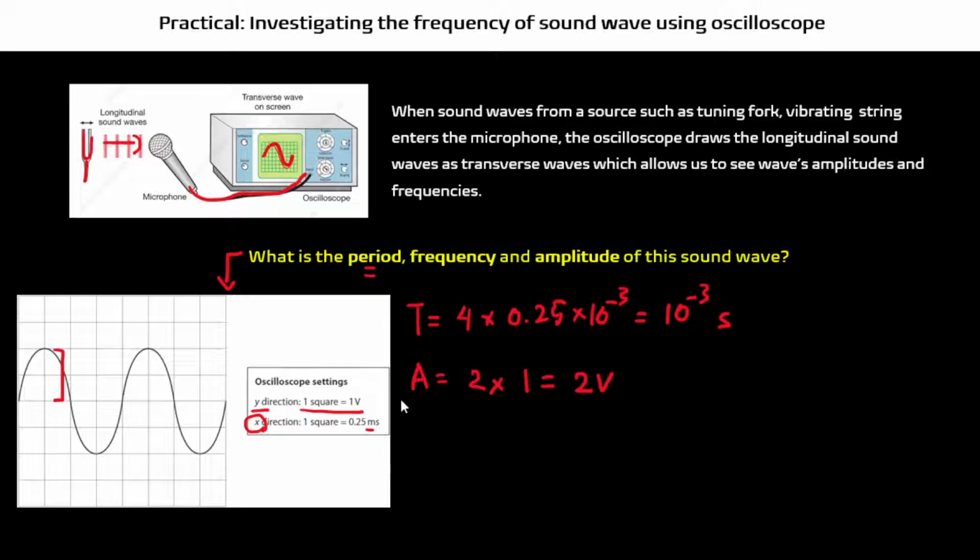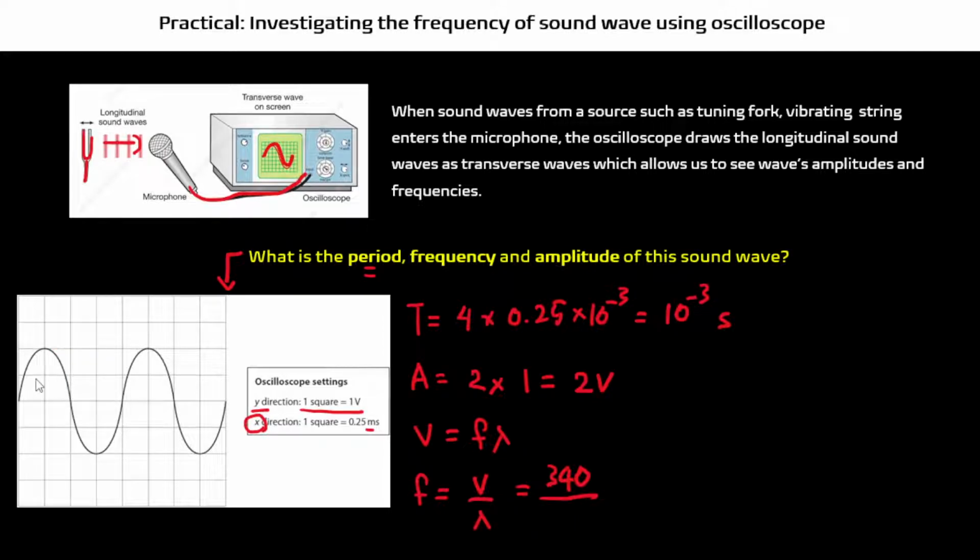Since we want to calculate frequency, the equation that we would use is v = f λ. Since it's the frequency that we want, it would be v over λ. Now, your velocity of sound in air, let's assume it to be 340, divided by your wavelength.